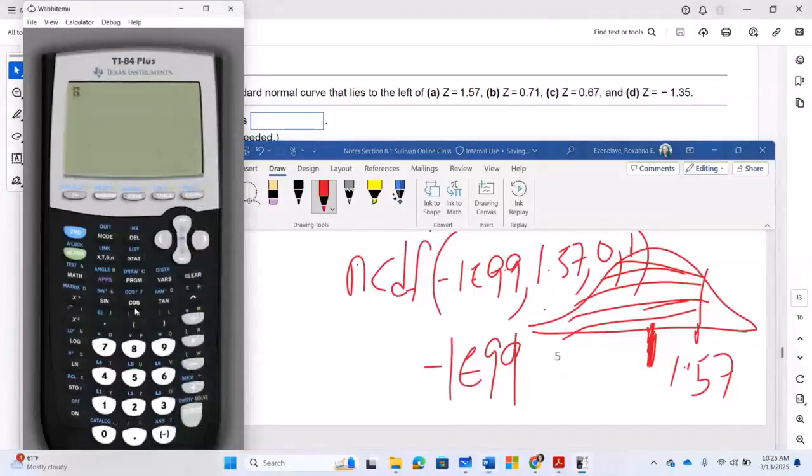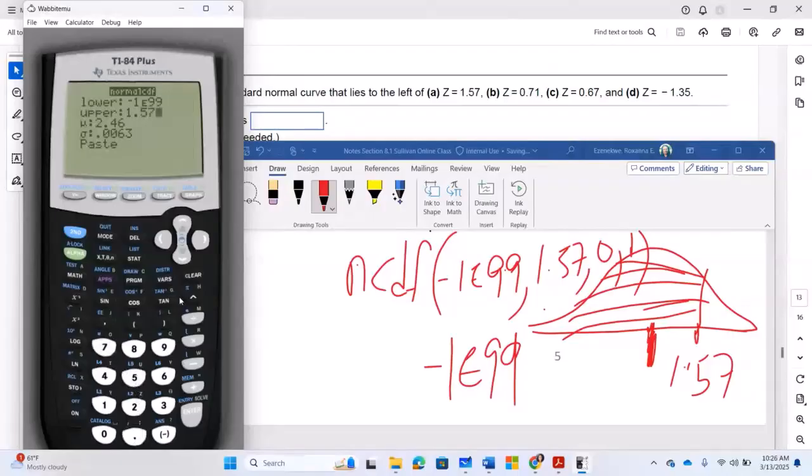So I'm going to go to my calculator. Remember how to find normal CDF: second distribution, number 2. The lower bound is negative infinity, so -1e to the power 99. I want to make sure that you know how to type in e, -1e to the power 99. Then the upper bound is the value of Z that we are given, and that is 1.57.